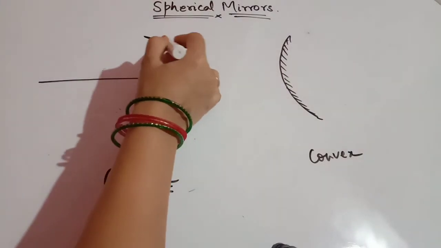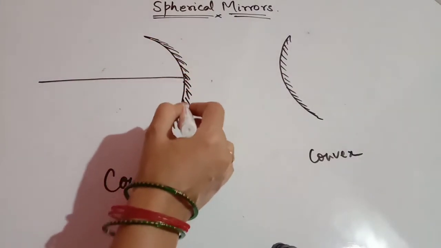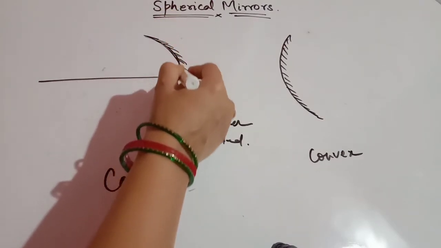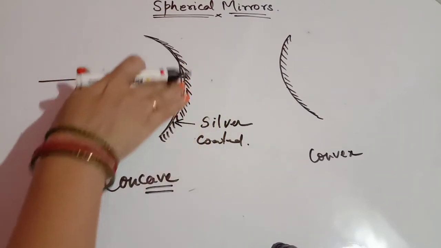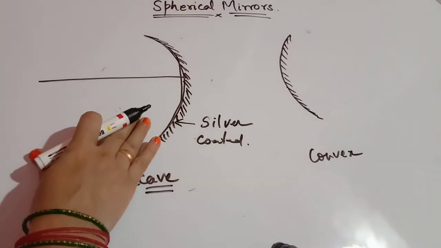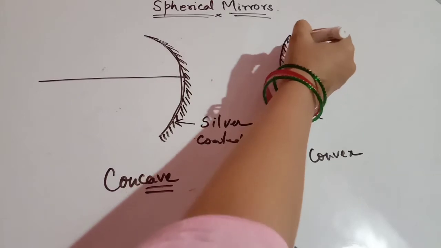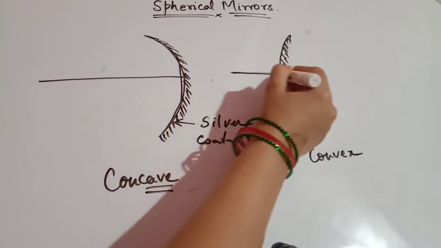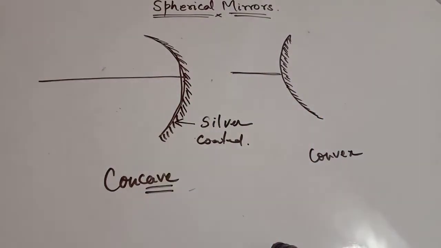Now these lines denote that this surface is a coated surface, so the internal part is basically the reflecting part. So this is the concave mirror. On the other hand, here this is the coated, painted part. So this bulging outer part is the reflecting surface.